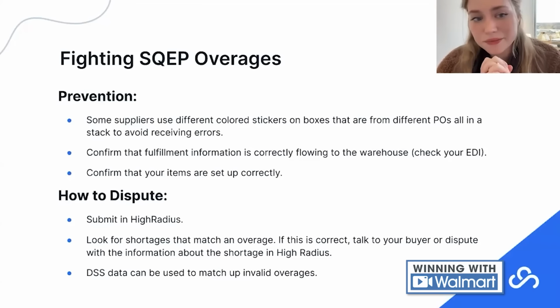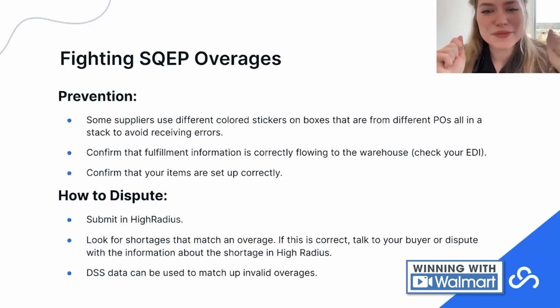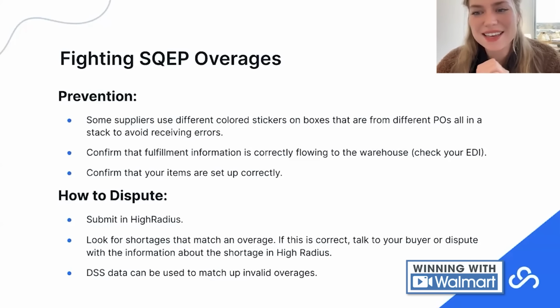Check your EDI. Make sure that your fulfillment information is actually being sent correctly. This is one of those silent killers I feel like some suppliers run into, like, why am I receiving so many? Why is none of this working correctly? Just because EDI is not something that most of us think about. So just go and check in on that.